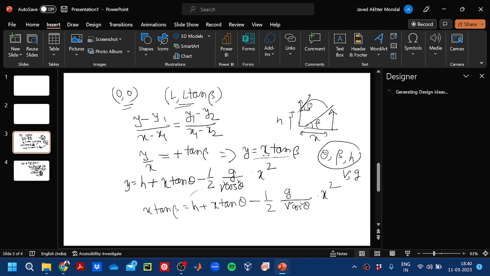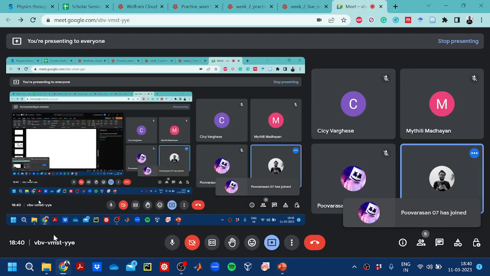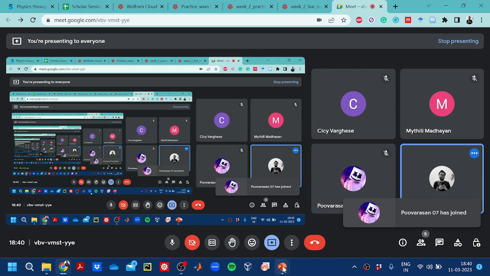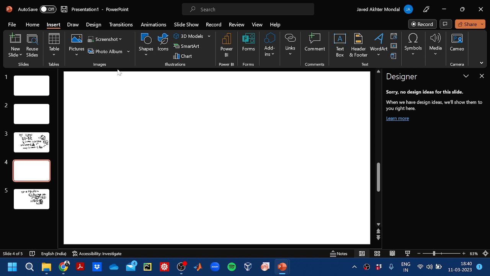So this is our first equation, y equal to x tan beta. So here we have only one variable, like the variable of length. And the natural length that is given in the problem is h.